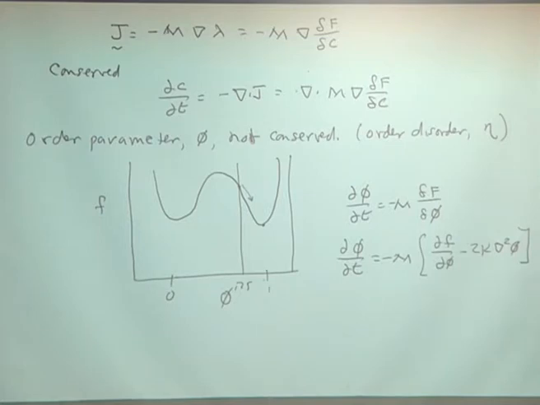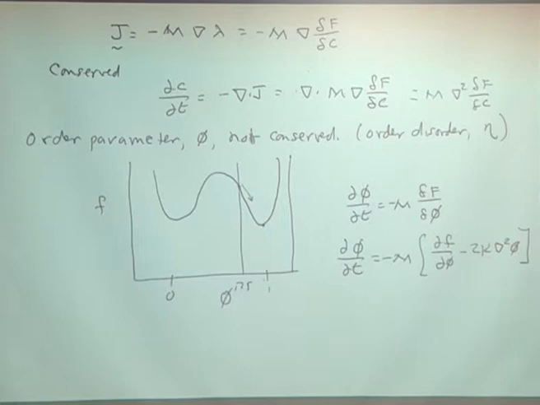So the only difference between the conserved case and the non-conserved case, basically in the Cahn-Hilliard equation that we've been working with, where m and k are not functions of composition, is basically the presence of a Laplacian. So the Laplacian means conserved. If you don't have the Laplacian, it's non-conserved.